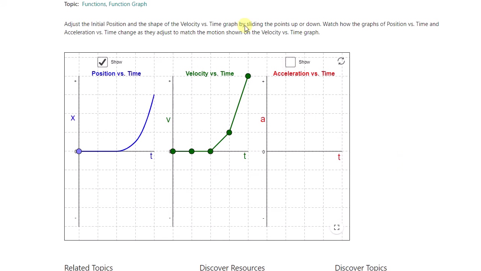And hide that. Let's see what happens if I put a negative velocity in. So it starts off now very close to zero. But then the negative velocity means we're moving backwards, but moving backwards gradually quicker, quicker, quicker, quicker.